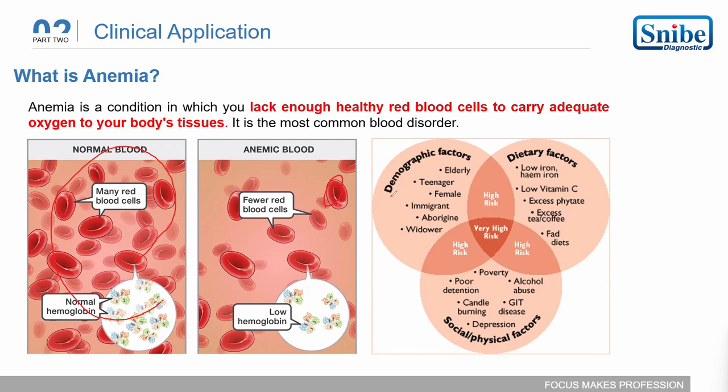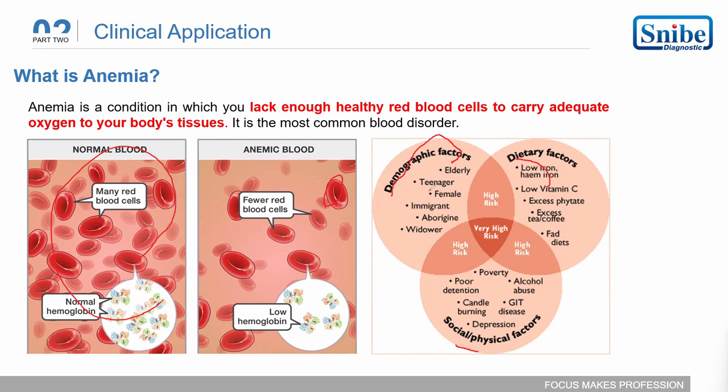So anemic conditions are influenced by demographic factors, dietary factors, and socio-physical factors. Among the demographic factors are widowers, immigrants, and aborigines, those people who have originated in a region or country from their earliest time, that's called aborigines.